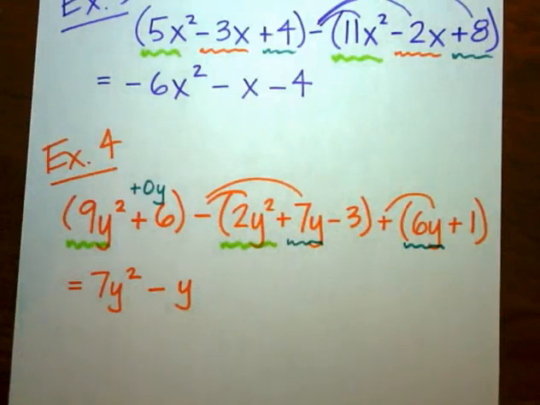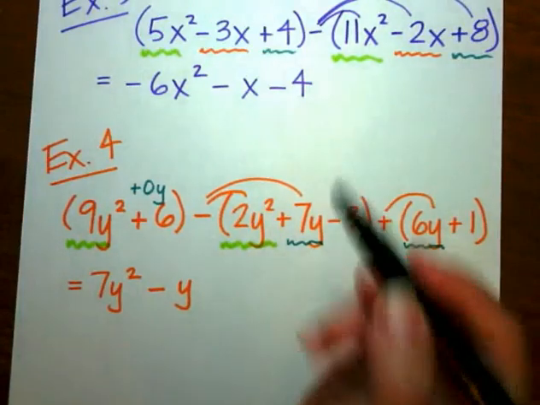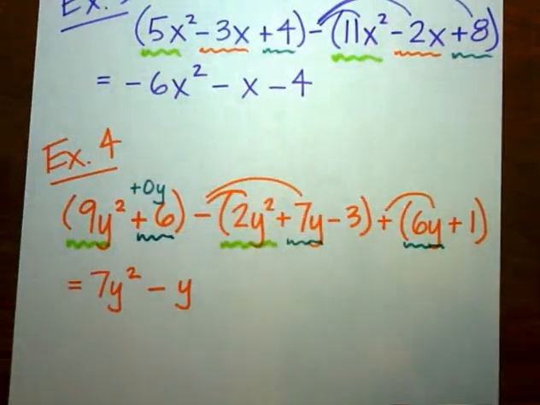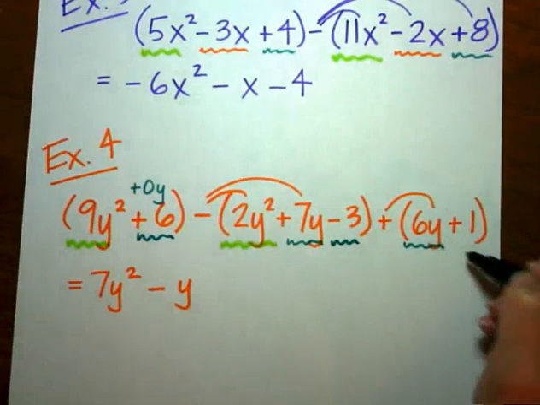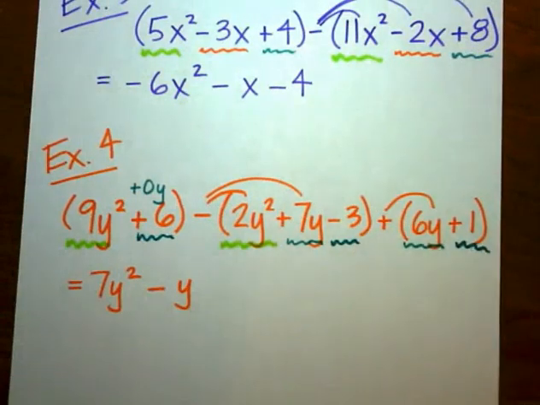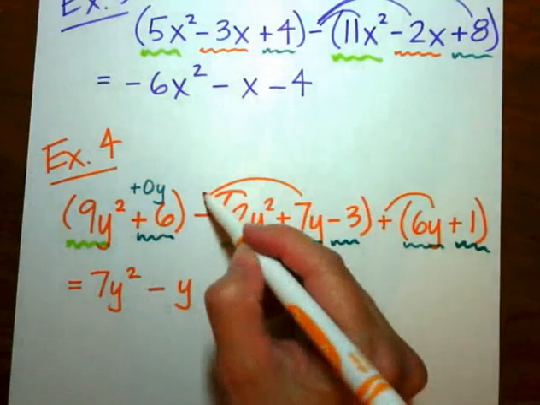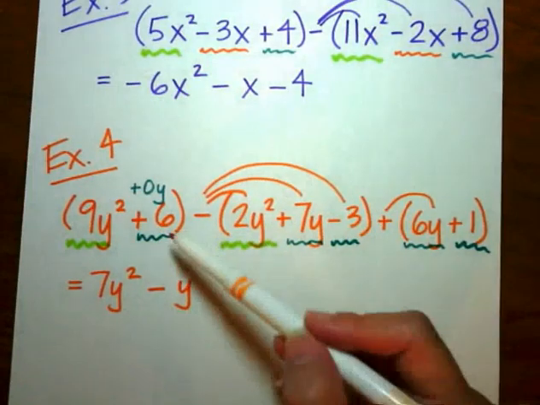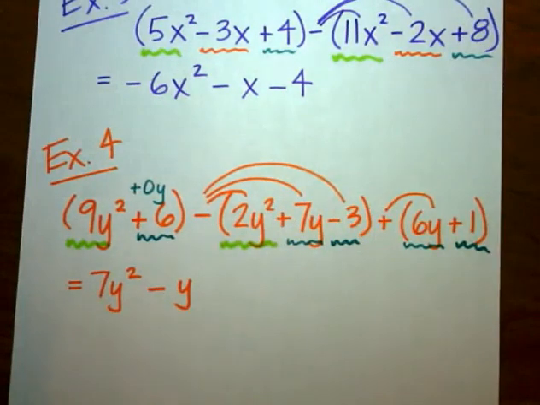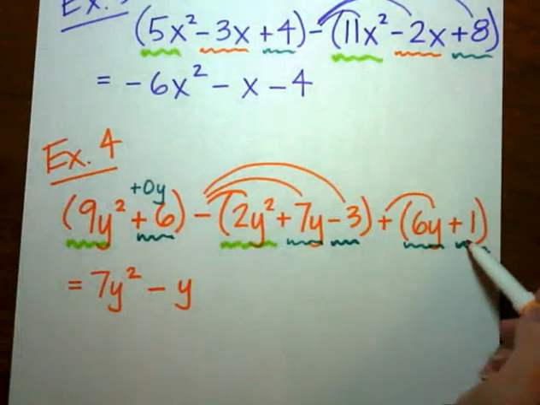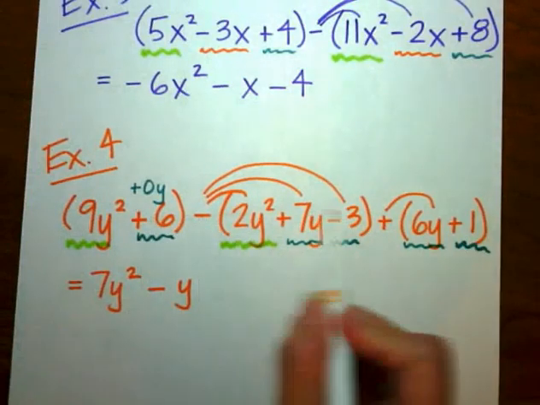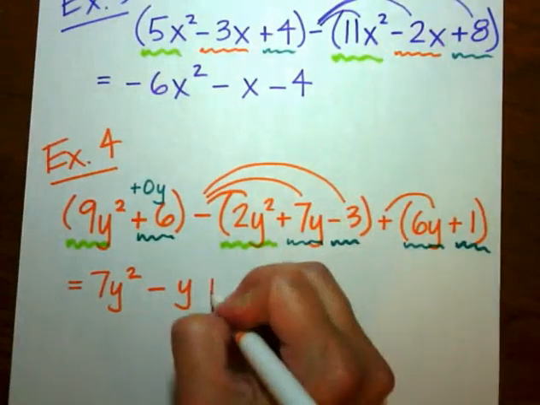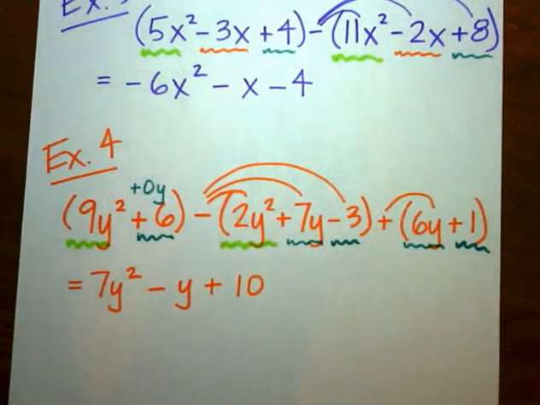And then for the last term, we have a 6, a negative 3, and a 1. So we have 6 minus negative 3, which would be 6 plus 3, so that's 9, plus 1, so this is 10.